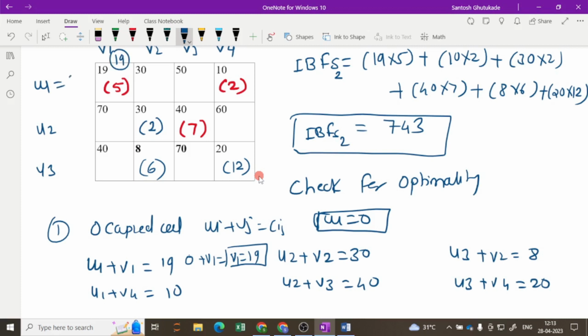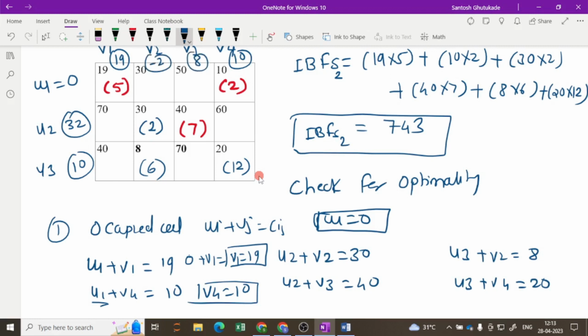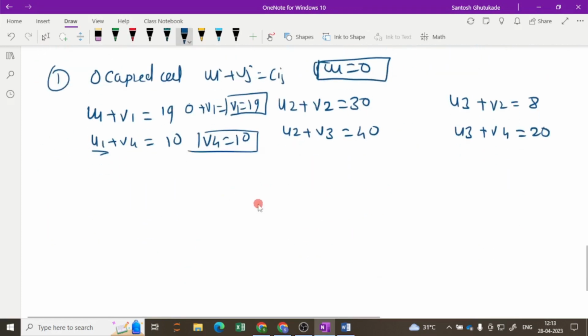Since u1 is equal to 0, v4 you will get as 10. Similarly you will get u2 equal to 32, then u3 equal to 10, v2 equal to minus 2, and v3 equal to 8. So here we have solved this for the occupied cells. By the same way you can solve for the unoccupied cells.